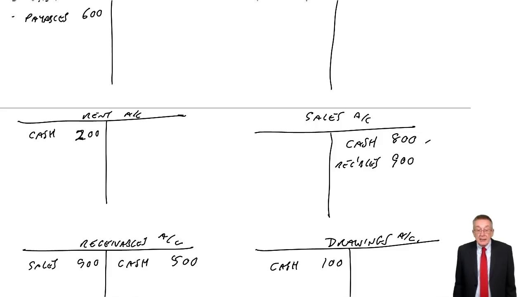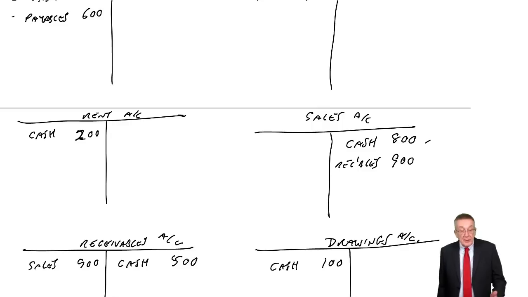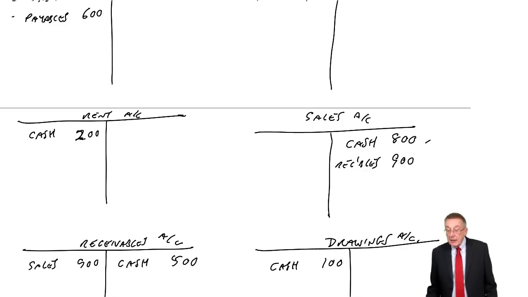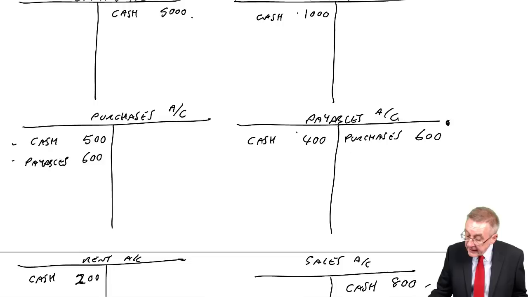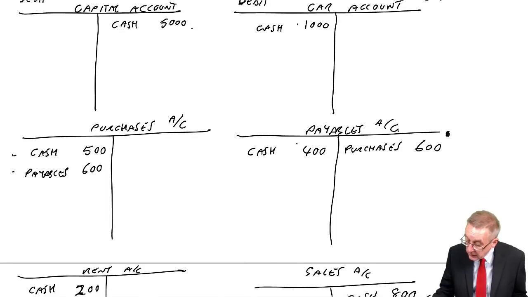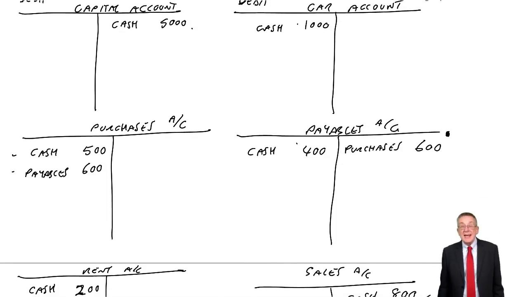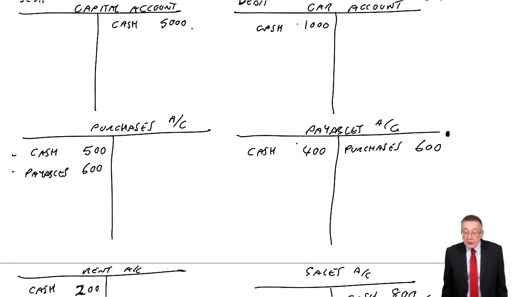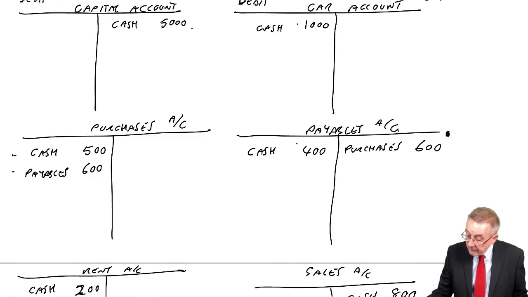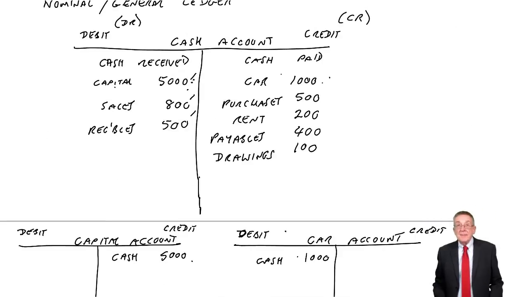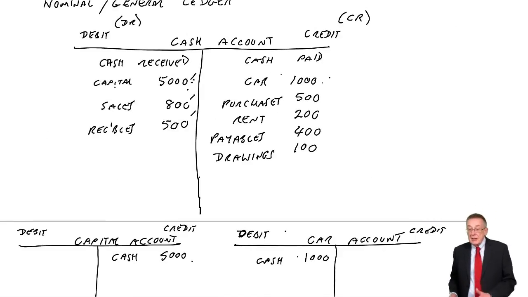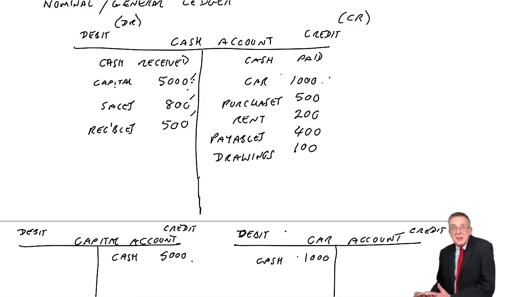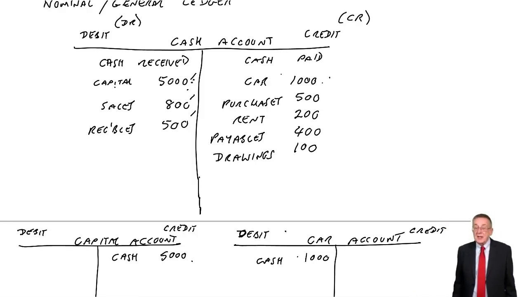A credit entry, well, it's one of those three. An increase in a liability. We bought goods on credit. We credited payables because we owed money, a liability. A decrease in an asset. Cash was an asset. We pay cash, we credit, it reduces our cash, it reduces our asset.